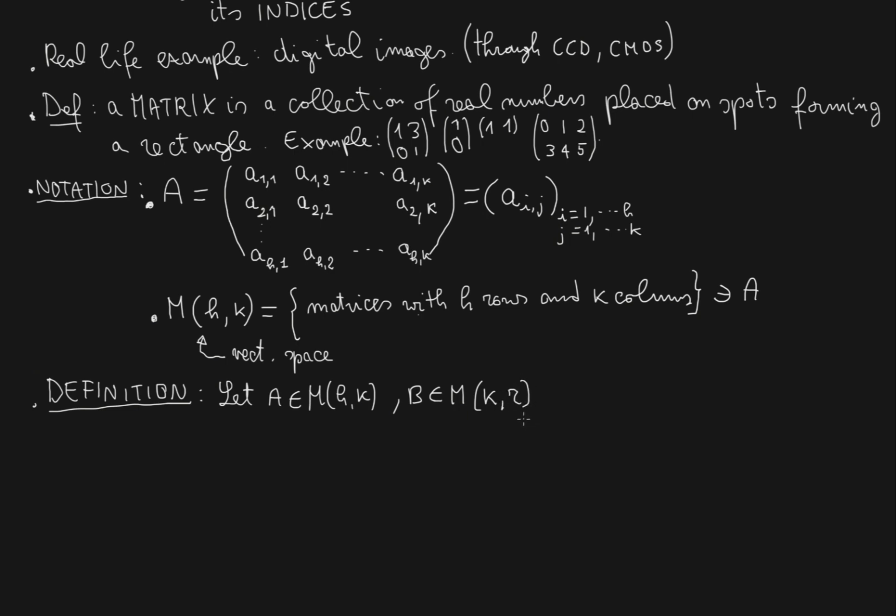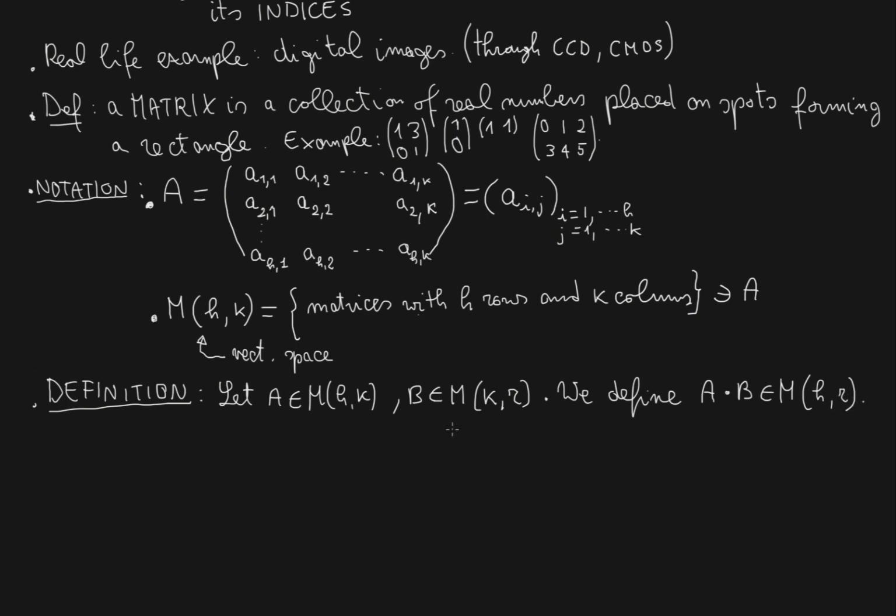Now, in this case, we can define a new matrix obtained from A and B, which we call A times B, and this matrix will belong to the set MHR.